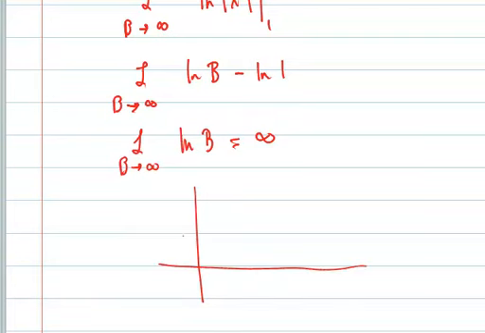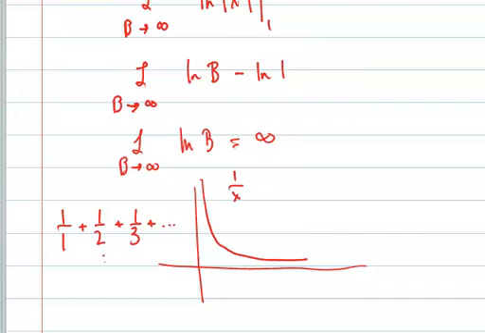So let's just do a comparison, and what we're basically trying to set up here is a comparison between the area under the curve 1 over x, and the area that would be captured if we were to take 1 over 1 plus 1 over 2 plus 1 over 3 plus dot dot dot 1 over n.